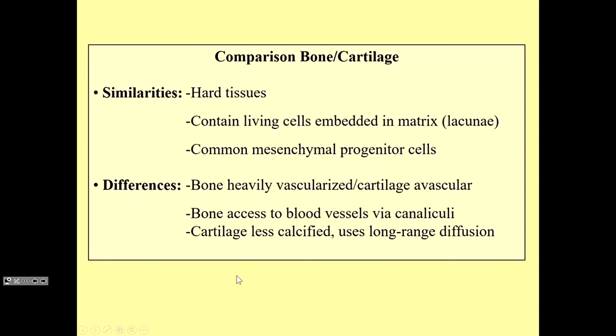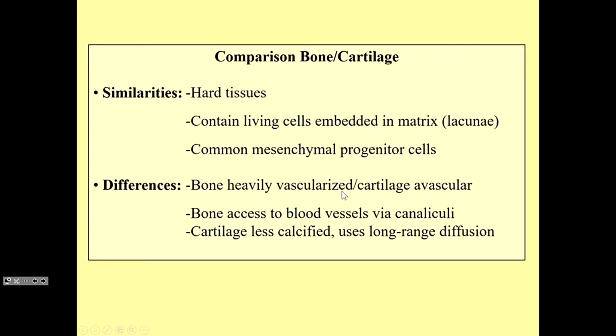We can compare cartilage to bone, since we know all about cartilage from last week. Similarities: they're both relatively hard tissues, and they both contain living cells embedded in a matrix. They are both derived from a common mesenchymal progenitor cell, and we'll go over that a couple of times. The differences: bone is vascularized, whereas cartilage is not.